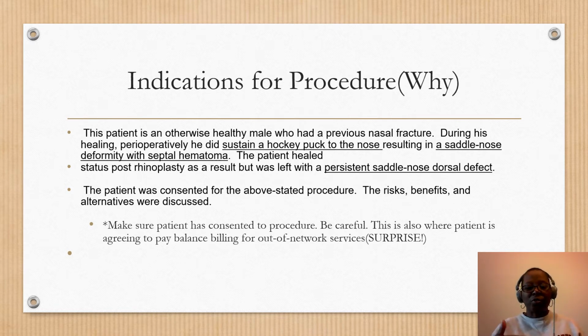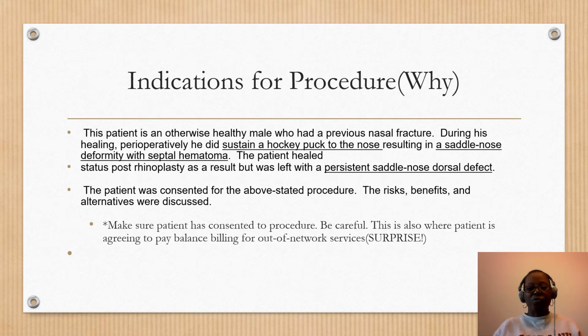So prior to entering the orifice or the body, you want to make sure you get the consent. So the doctor did document that the patient was consented for the above stated procedure. The risks, the benefits, as well as the alternatives were discussed with the patient. And then I made a little keynote here. You want to make sure the patient has consented to the procedure.